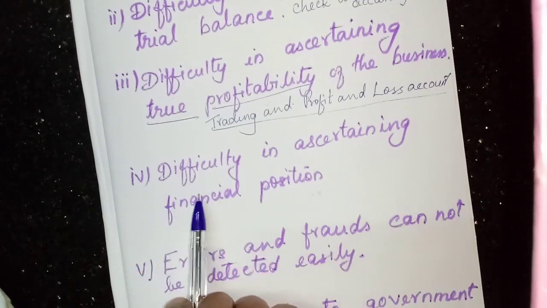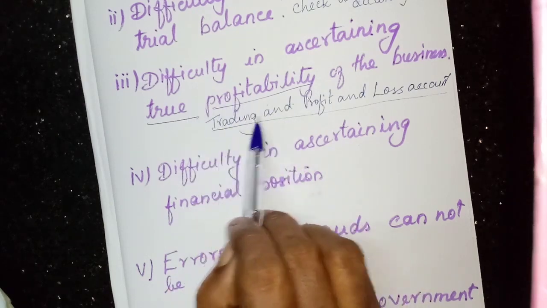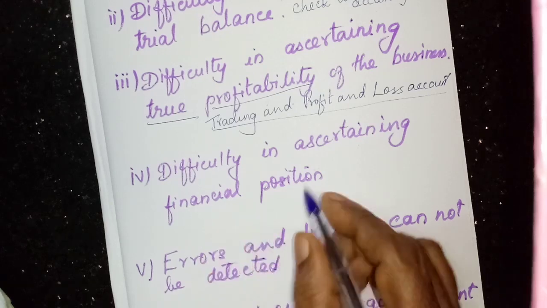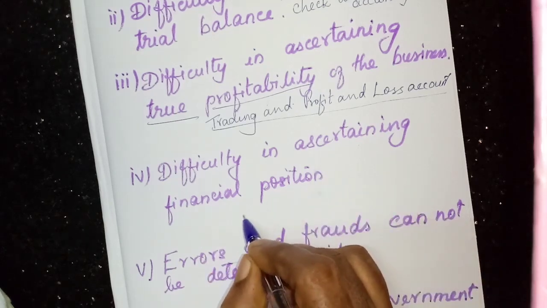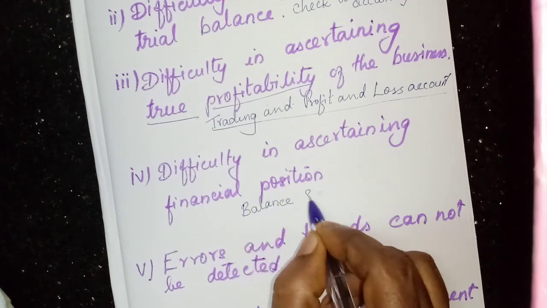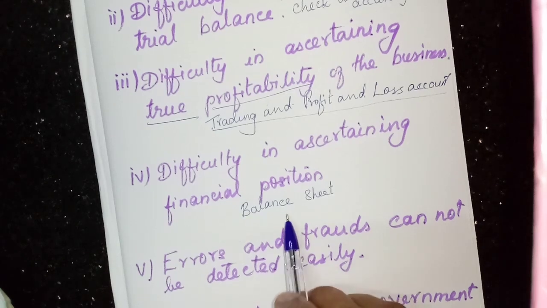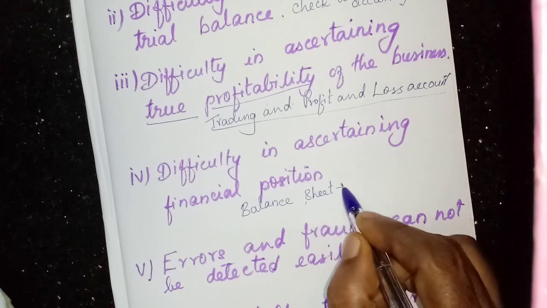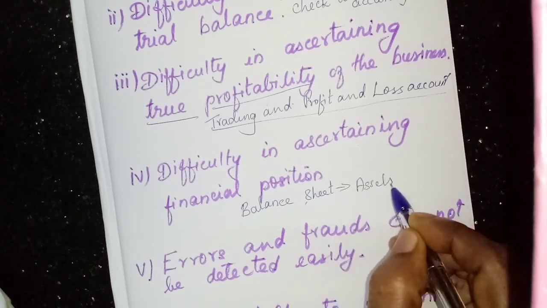Then the next point, difficulty in ascertaining the financial position. After preparing the trading and profit and loss account, what is the next statement that we need to prepare? It is the balance sheet. Here in the balance sheet, we will enter the assets and liabilities.